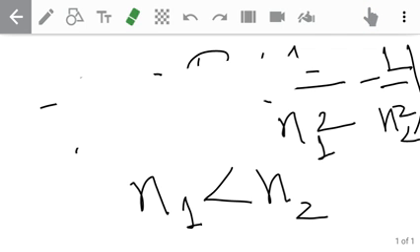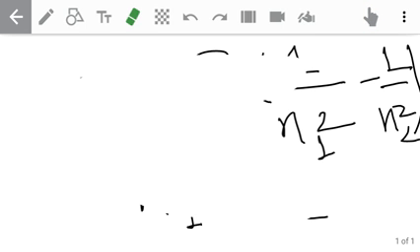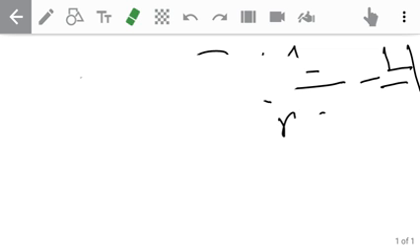If it's going from shell number 1 to 2, see, an electron will never go from a lower energy shell to a higher energy shell by itself. When it gets extra energy, then it can go. Then we can just use the same formula. In this case, shell number 1 will be n1.